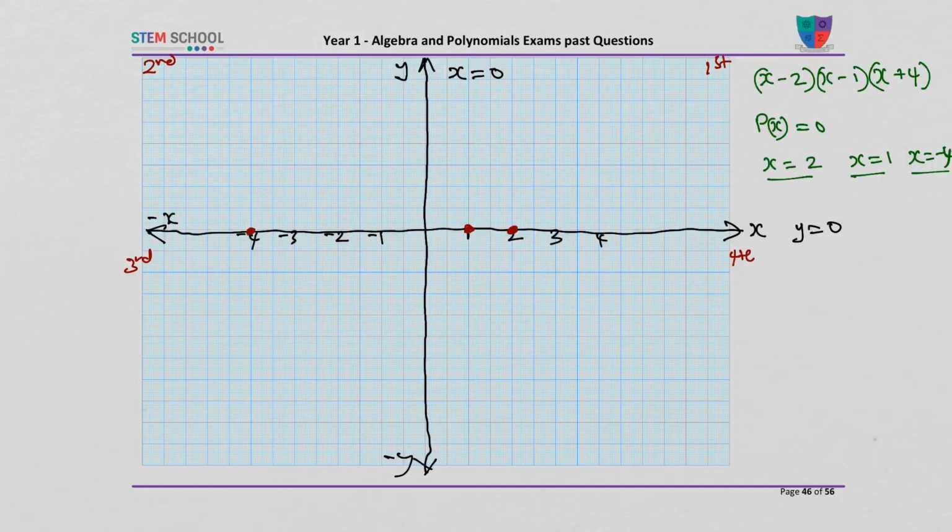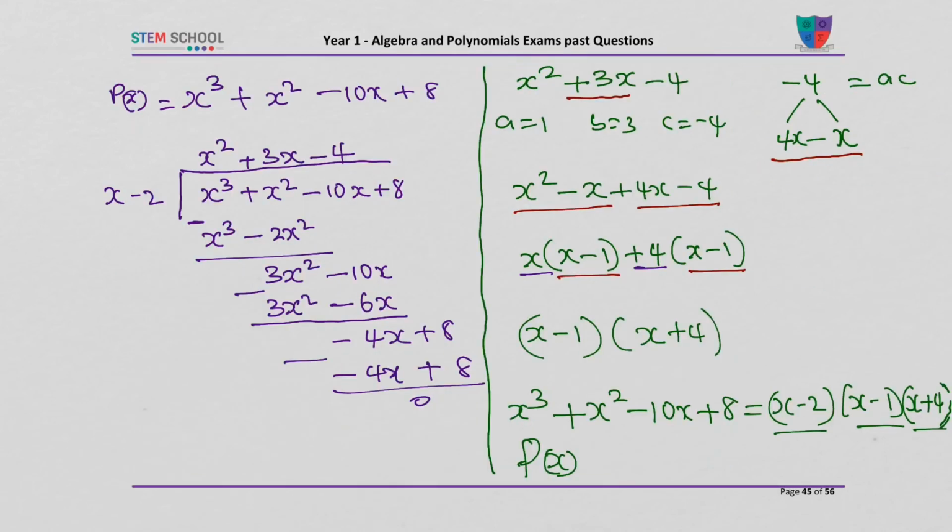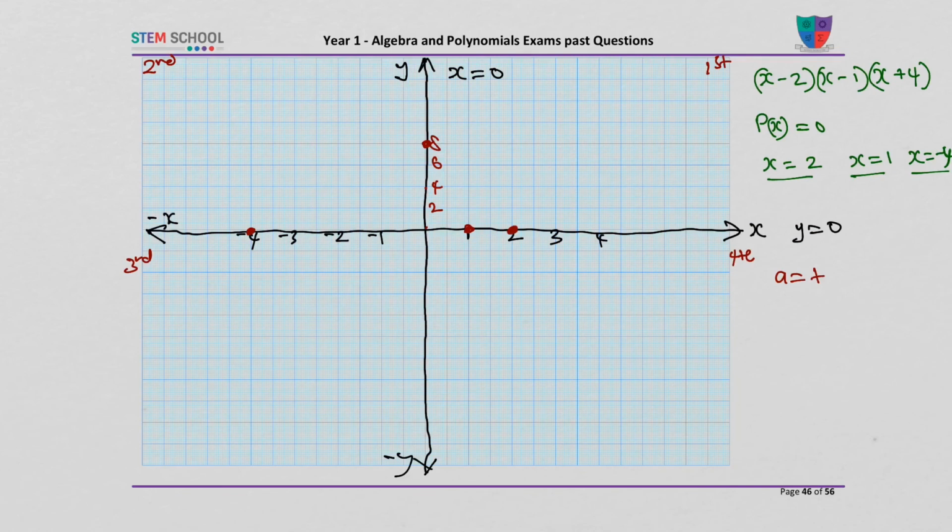Otherwise, it's the opposite, it's reversed. So now the curve is positive because A is positive. 2, 4, 6, 8. So it's going to be crossing the y-axis at plus 8 because the constant is plus 8. The constant is the intercept on the y-axis on the cubic.